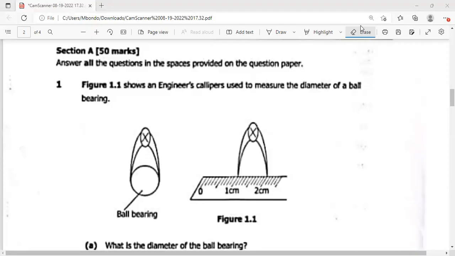If you are using an engineer's calipers, you take the measurement from the object, and then you take it on the ruler to know the exact measurement. Like in this question, they have already measured it for you and taken it on the ruler there. So we need now to take the measurement from the ruler.